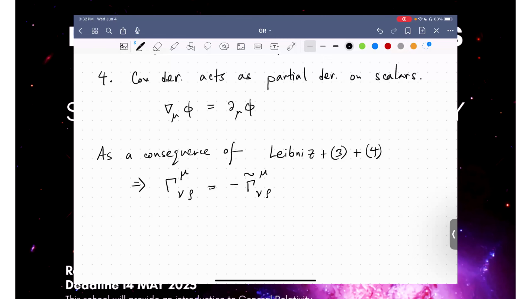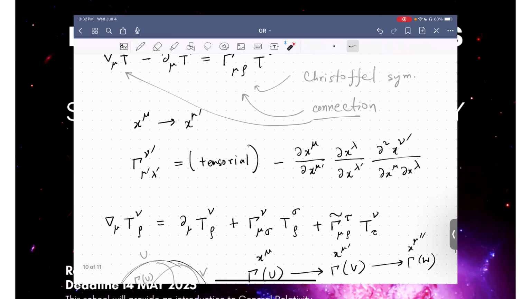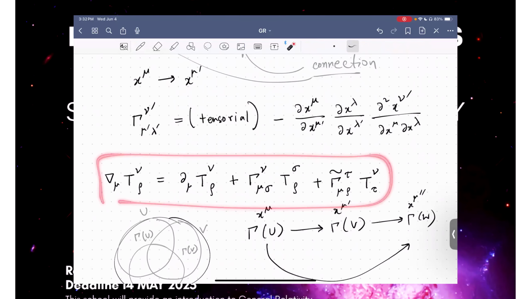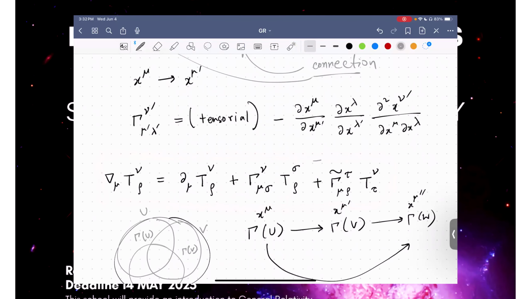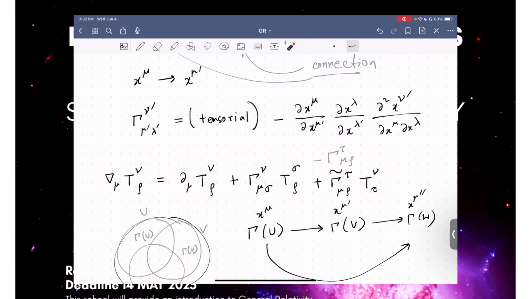All right. So this is a consequence of these two additional constraints. So now if you look back at this equation, you can now replace this gamma tilde with negative of gamma. And then this starts to look more familiar with the formulas that you perhaps see in textbooks.